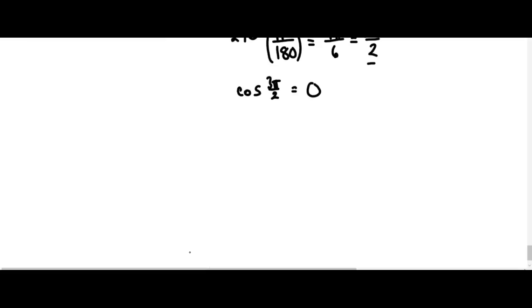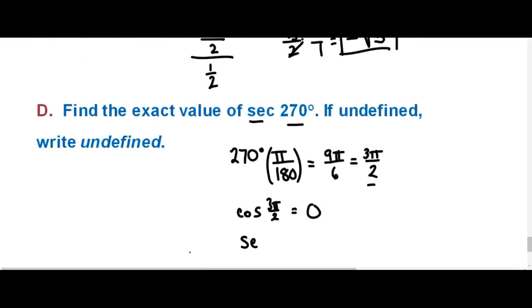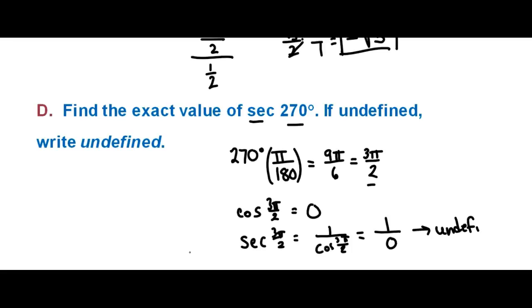And I'm trying to find the secant. So the secant of 3 pi over 2 is 1 over the cosine of 3 pi over 2, which is 1 over 0. So therefore, we can't divide by 0, so this is undefined, which you'll have sometimes if 0 is in the denominator.